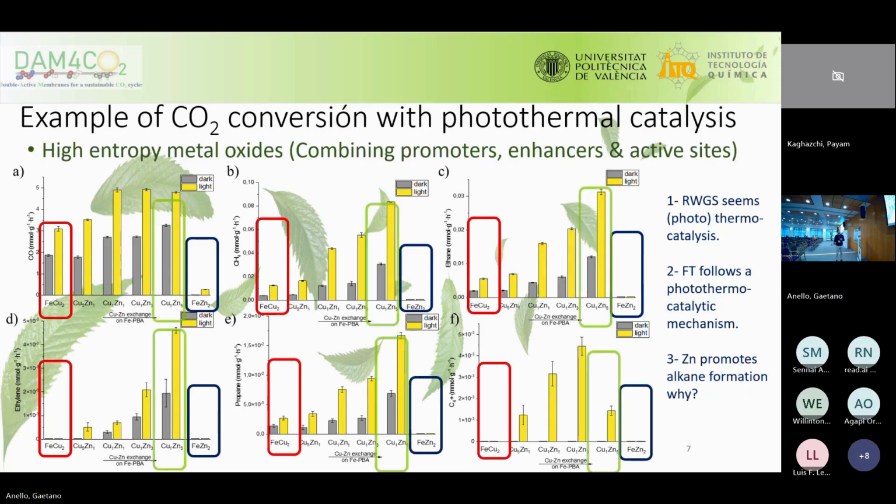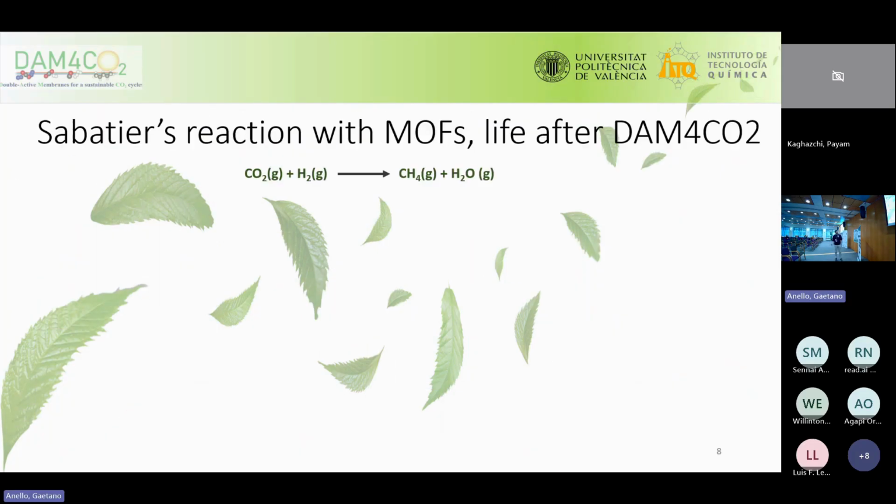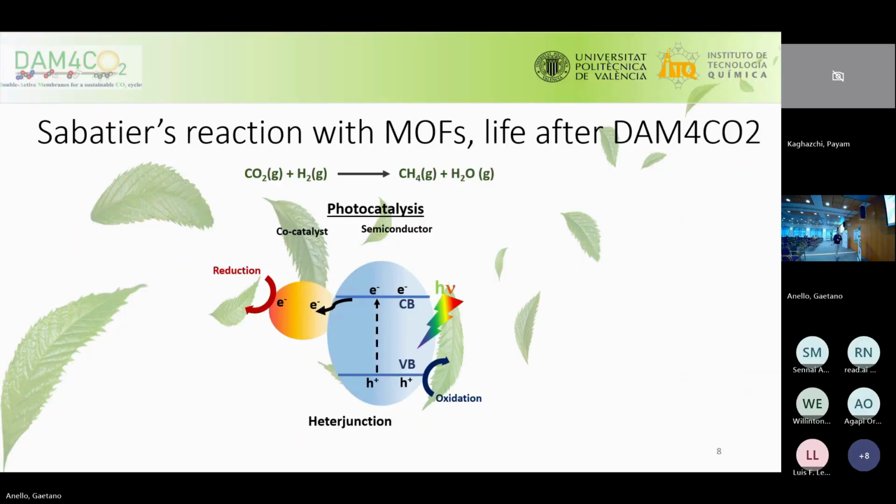Okay. So this is just what I was trying to tell you before about the formation of different catalysts. And just for ending, we are also very actively working with MOFs. In this case, in the reaction conditions that we are working, around 200 degrees, MOFs are not acting as a real catalyst.